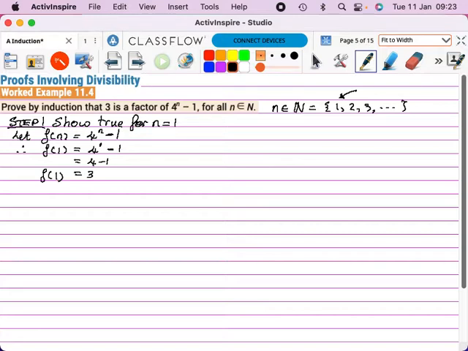And the big question is, I had to prove by induction that 3 is a factor of this formula. Is 3 a factor of 3? Of course, the answer is yes. 3 is a factor of 3. 3 divides into 3. Therefore, shown true.